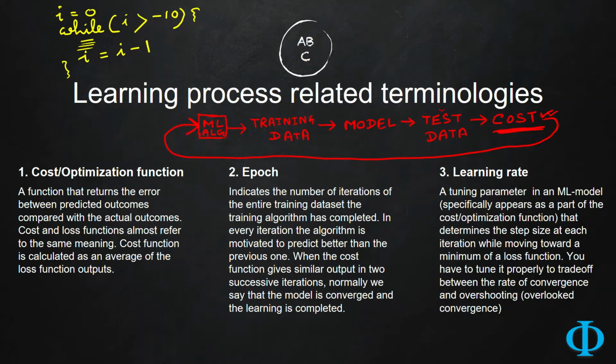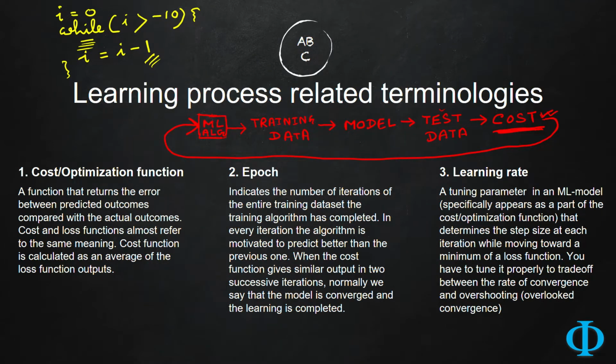So here each iteration of the while loop is moving forward in a step of 1, right? First it started with 0, then it will be minus 1, then minus 2, then minus 3, and it will iterate until it reaches the value of minus 10. So it is moving in a step of 1.